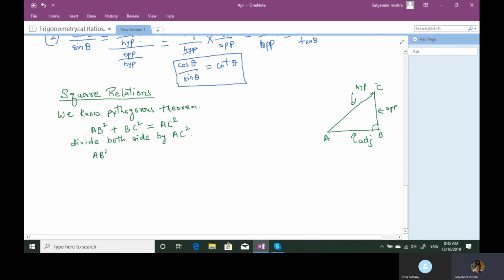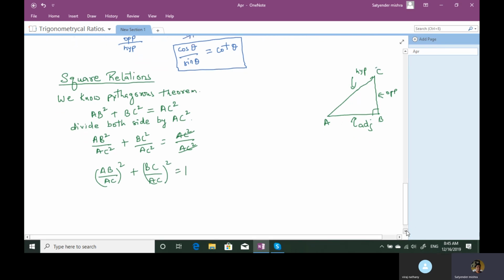So I'll get AB square by AC square plus BC square by AC square equal to AC square by AC square. So this AC square and AC square will get cancelled, and this we can write as AB by AC whole square plus BC by AC whole square, which is equal to 1. Understood?